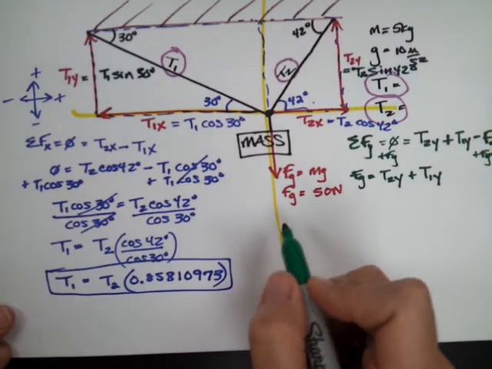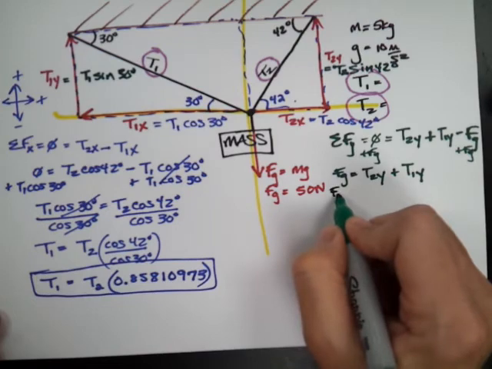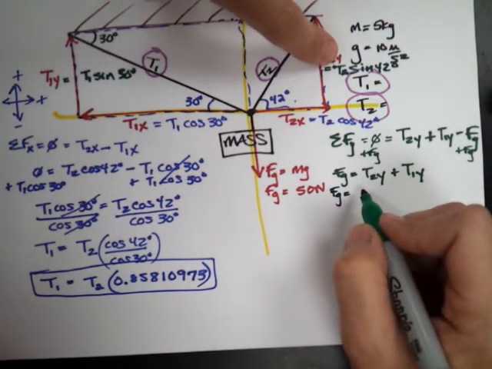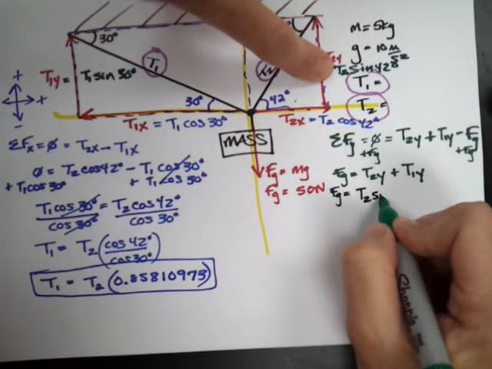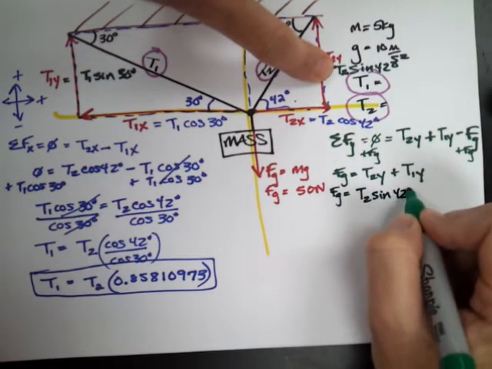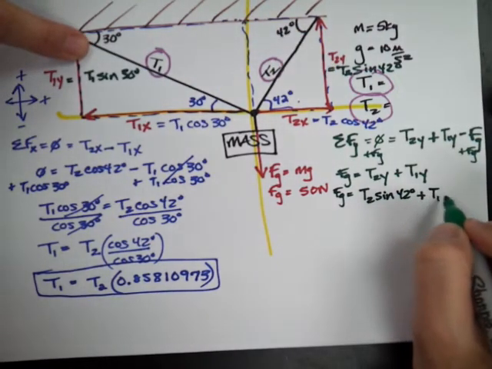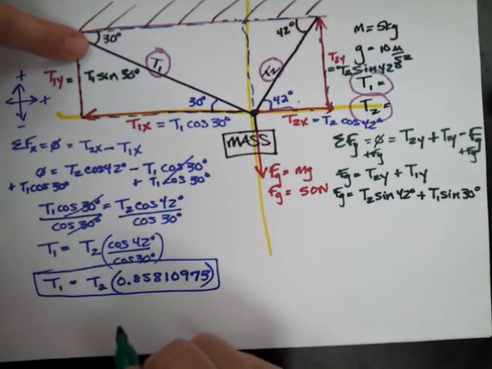I'll just leave it as FG for now instead of plugging in 50. So I'm going to say FG is equal to, my T2y is really T2 sine 42 degrees plus my T1 sine 30 degrees.